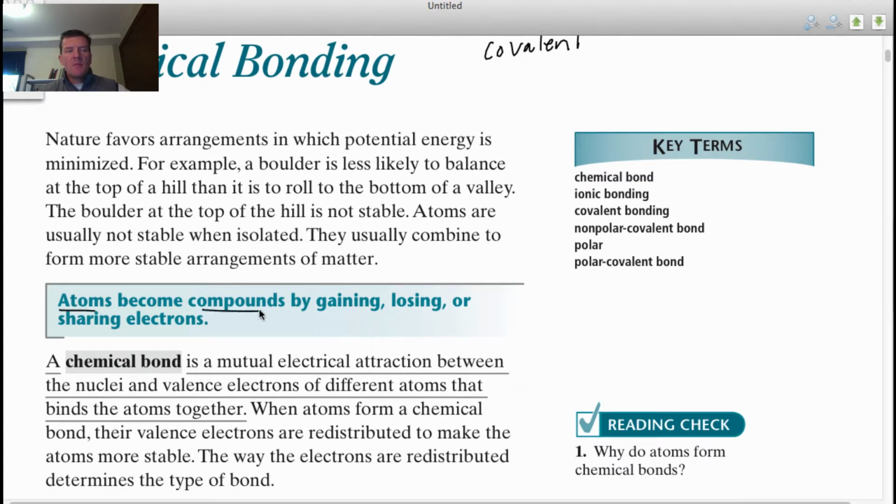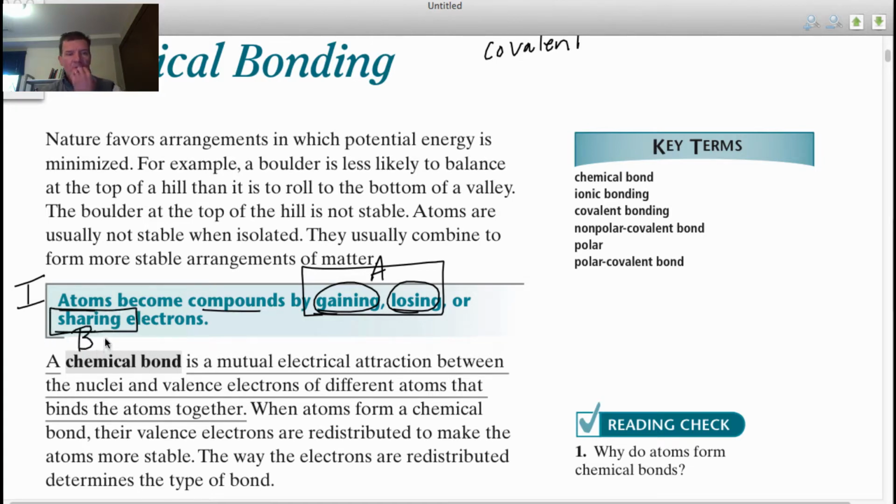Atoms become compounds. Here's the first point that you need to understand, what a chemical bond is and how this happens. So point number one here is atoms become compounds by gaining, losing. This is your choice number one here, gaining or losing. That's your first choice. Or sharing electrons. Okay, that's your second choice.